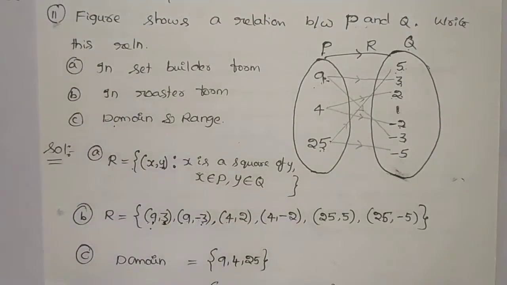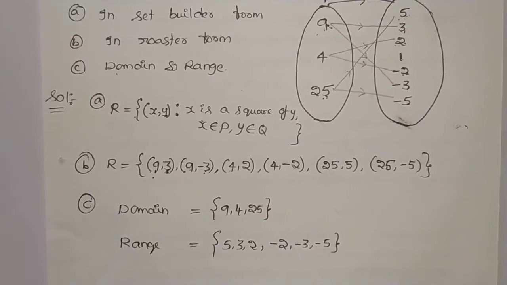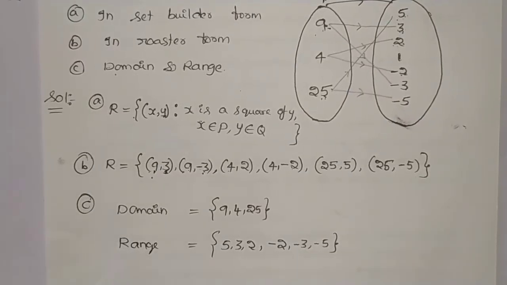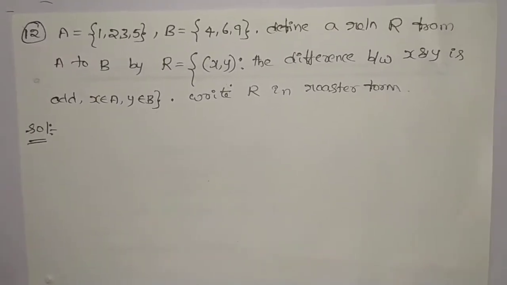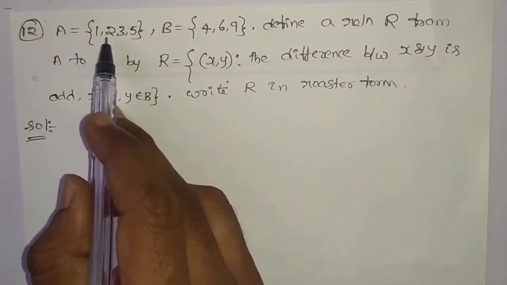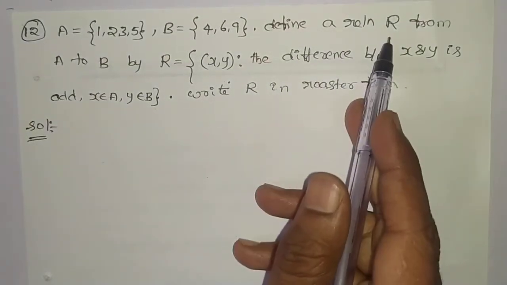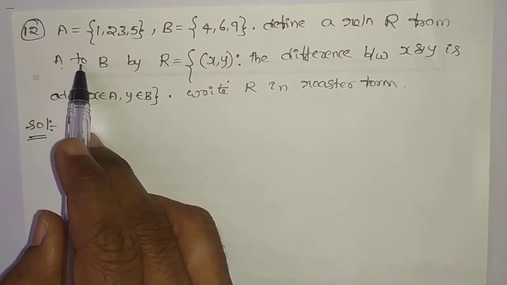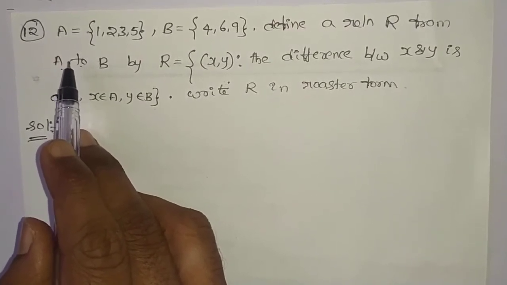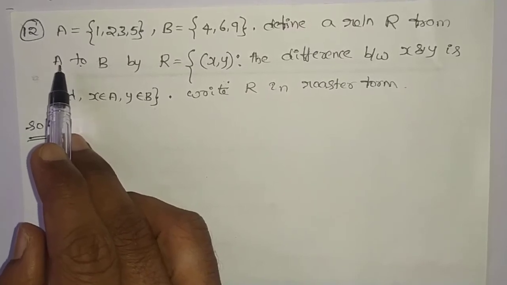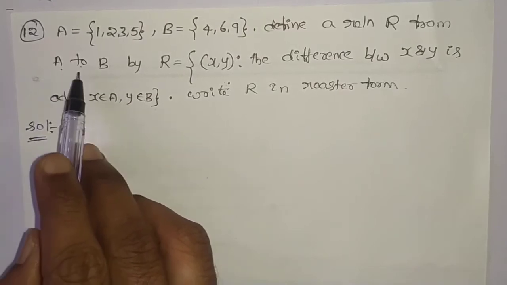Okay, now let us move on to the next question. That question number will be the 12th one. A equals 1, 2, 3, 5, B equals 4, 6, 9. Define a relation R from A to B. Up to the 11 problems, we have defined relations from A to A, natural numbers to natural numbers, integers to integers, like that.